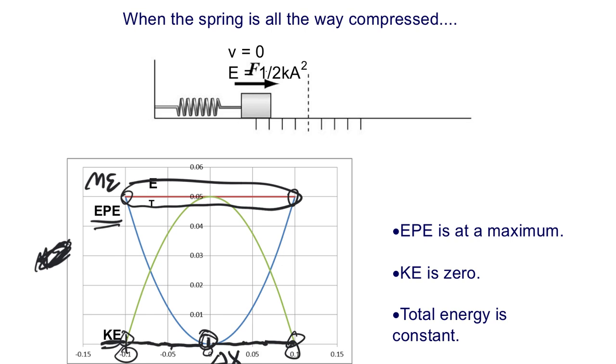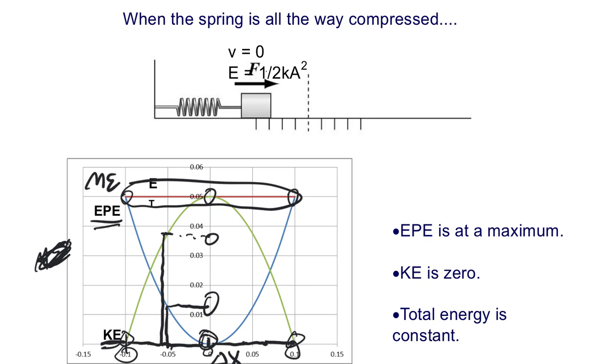Also notice that whatever the EPE might be, the KE value, that value plus that value would have to equal the ME value, at any point, any vertical line along this graph.